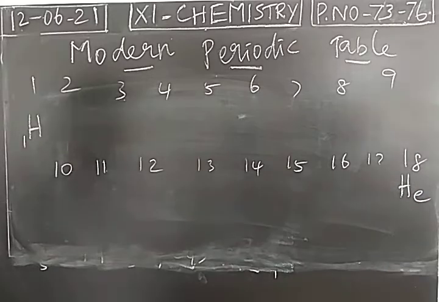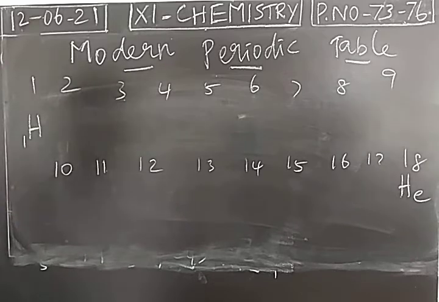So this is mainly based on the electronic configuration. As I told, 2 things should be considered. One is increasing order of atomic number. Another one is electronic configuration. Why do we have to consider the electronic arrangement or electronic configuration? If two elements have the same outer electronic configuration, their properties will be the same. Like in the Mendeleev periodic table, we place the elements in a group based on the properties.